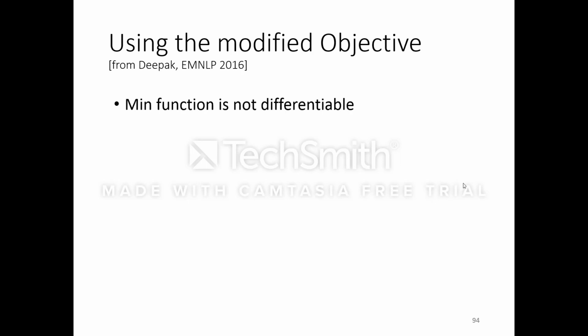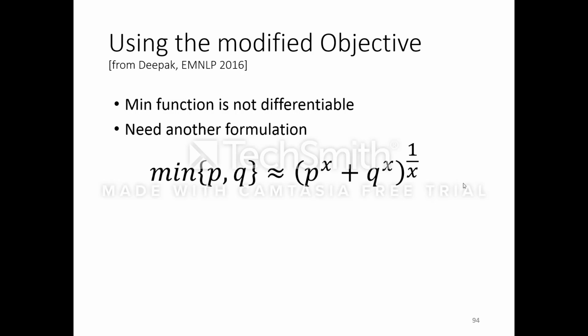The problem is that the min function is not differentiable, and we need another formulation in order to be able to handle that min function. Luckily, we have one: the min between two real numbers p and q is approximated by p raised to x plus q raised to x, the whole raised to 1 by x, as long as x tends to minus infinity.